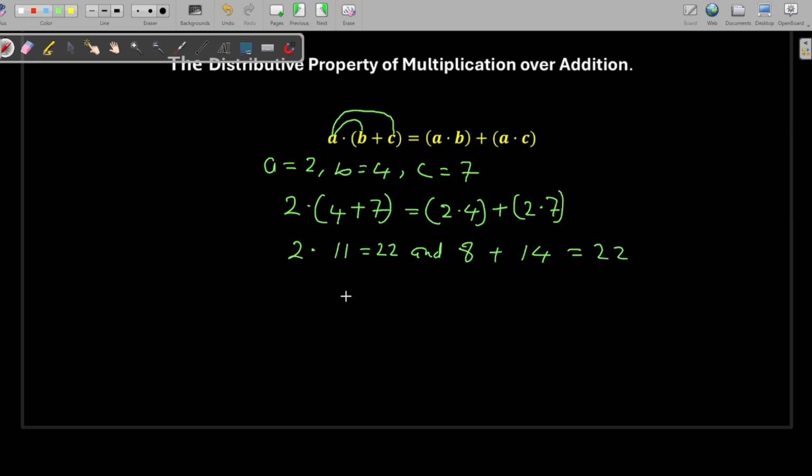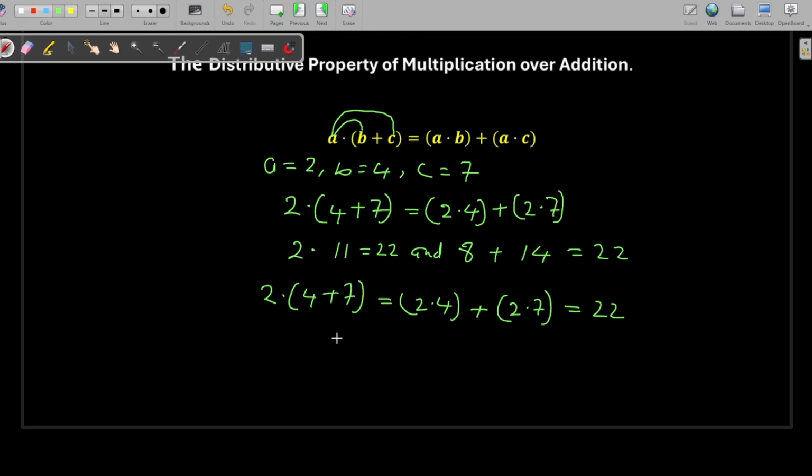As you can see, we have obtained the same result, whether we calculate inside the parentheses first or we distribute the product. From this, we can deduce that 2 multiplied by open bracket 4 plus 7, close the bracket, is equal to 2 multiplied by 4 plus 2 multiplied by 7, which is equal to 22. Now, I want you to notice 2 things.